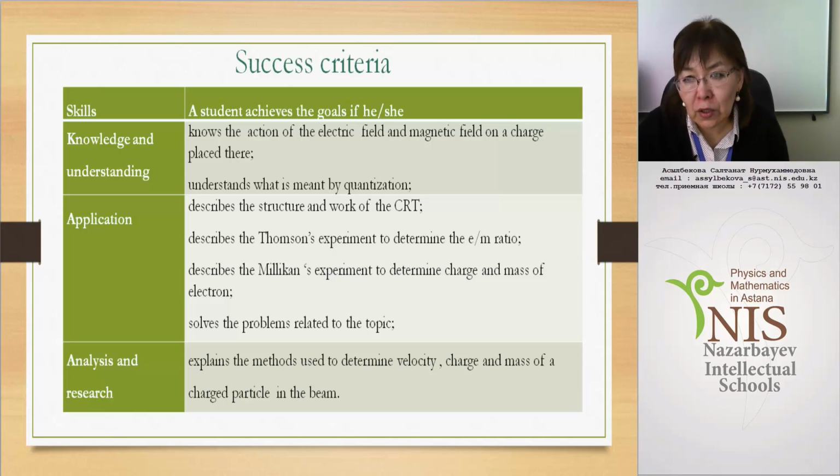Students know the action of electric and magnetic fields on the charge, understand what quantization means, are able to describe the structure and work of the CRT, and are able to describe the Thomson and Millikan experiments, because we have to explain one method to determine the charge and the ratio of charge to mass.